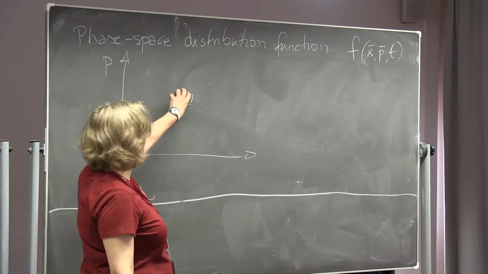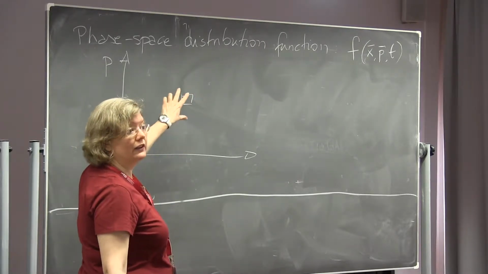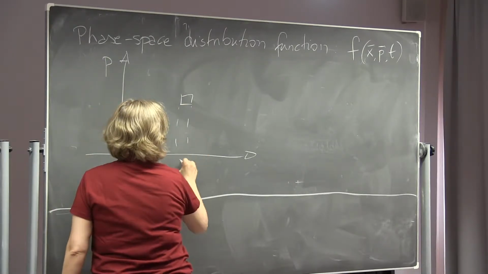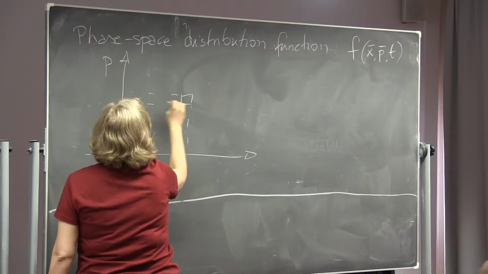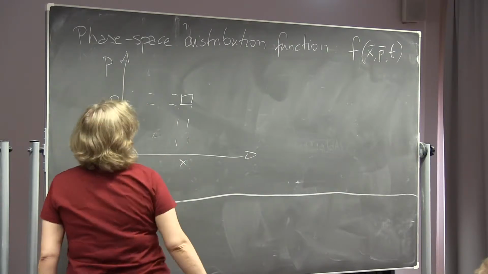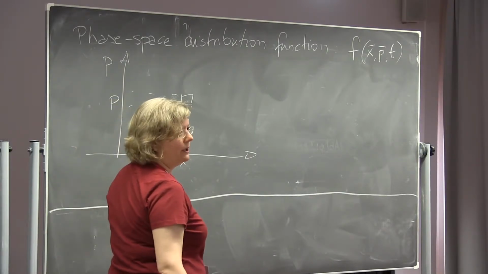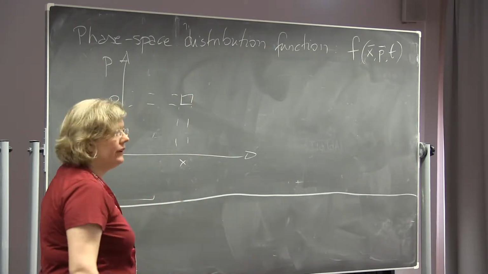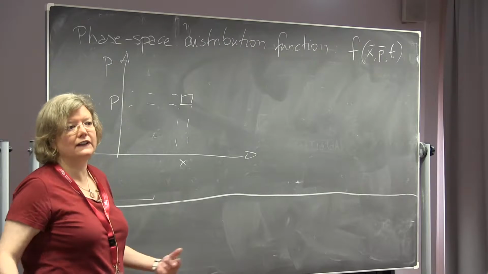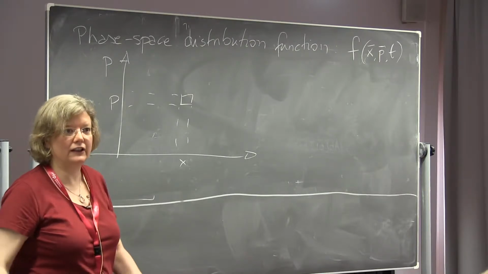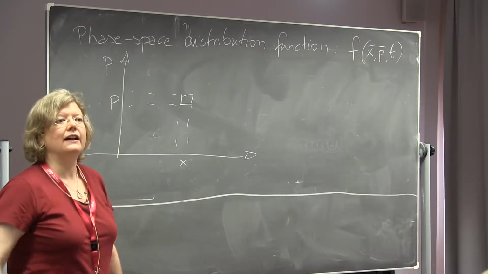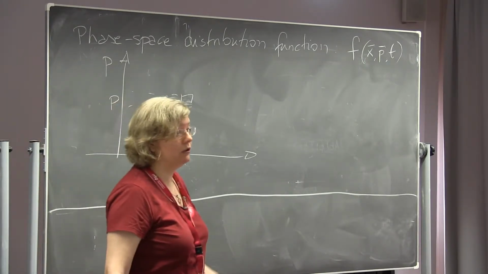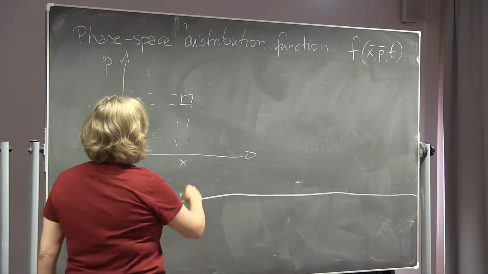And this will be the number of particles which have this particular momentum and they are in this particular place. As usual in thermodynamics, I have a discrete number because the number of particles is either 0, 1, 2, 3, but I will treat f as a continuous function, with continuum values.